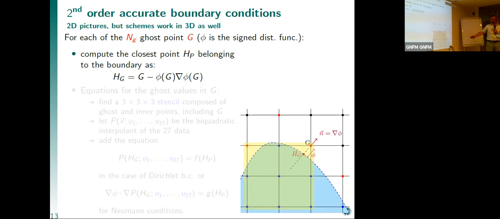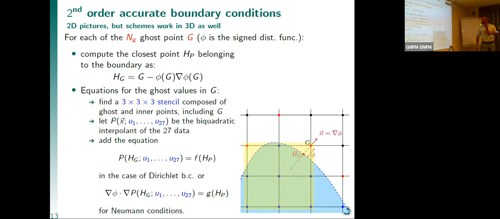And then you gather a stencil that is made up of ghost points and internal points, and you formally write, for example, an interpolation polynomial on the stencil. And by using this interpolation polynomial formally, you can write the constraint that the value at this point hg is some given number, or the normal derivative at this point is some given number, and so on and so forth.